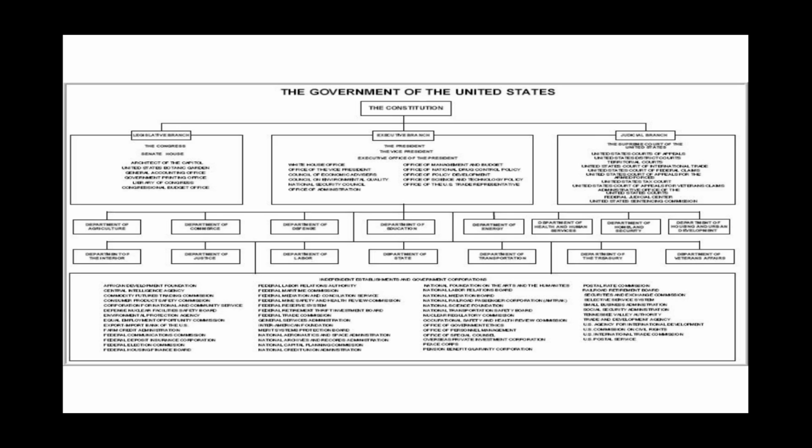You have the executive branch here in the middle, the president, the vice president, all of the things that flow from the executive branch. You have the legislative branch, the Congress, the Senate, the House of Representatives, and then you have the judicial branch. Most of our states are structured this way, all of our states are structured this way, and the federal government is structured this way as well.